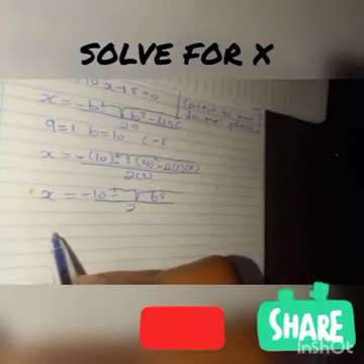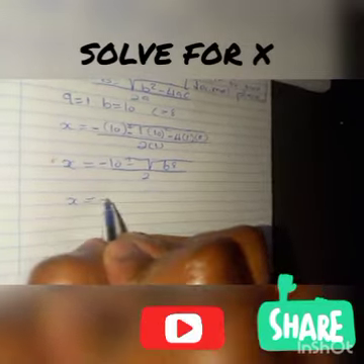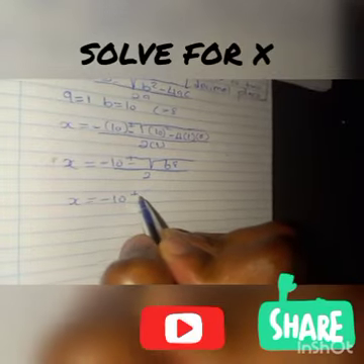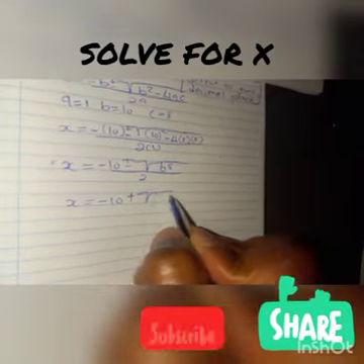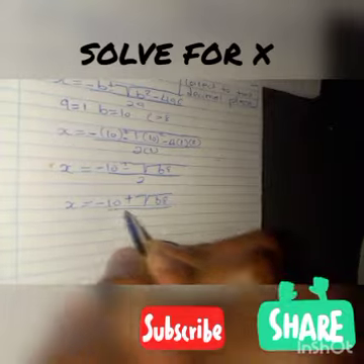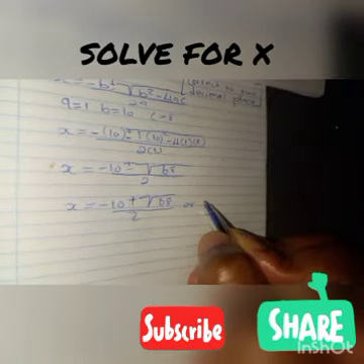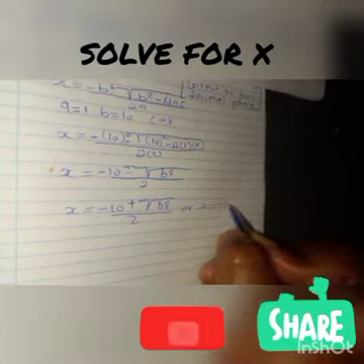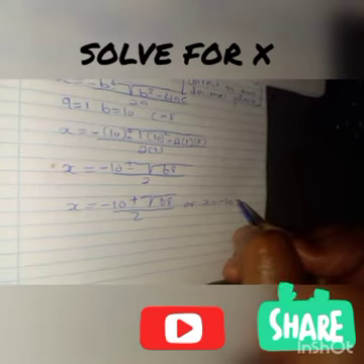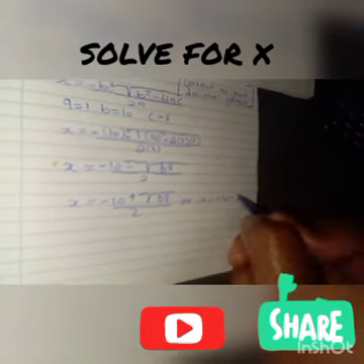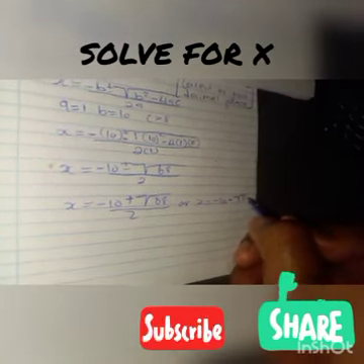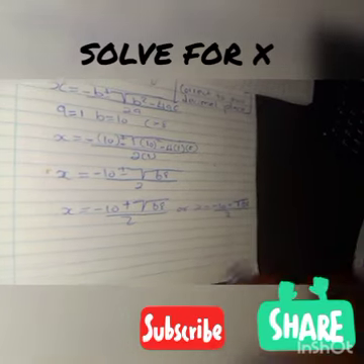Then we say x is equal to minus 10 plus the square root of 68 all divided by 2, or x is equal to minus 10 minus the square root of 68 all divided by 2.